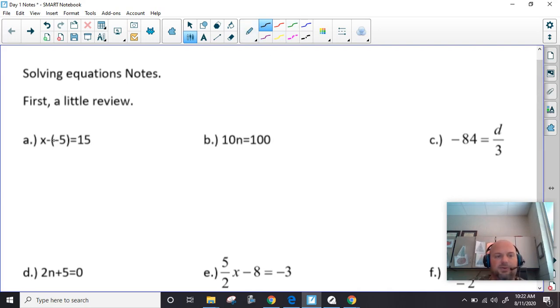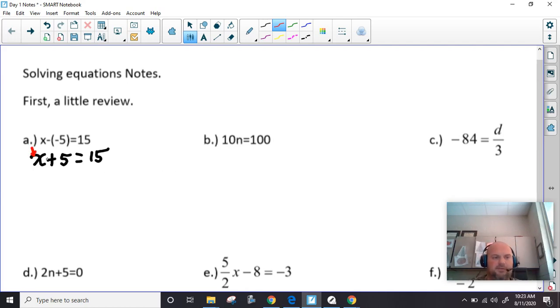All right, this one right here, I love this type problem because I've been putting it on stuff for years. Remember, a minus a negative changes this to a positive, okay? So this is our actual problem right here. Now, remember, solving equations, you got to undo what's being done to the variable.